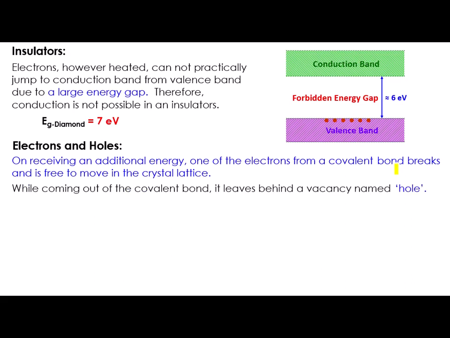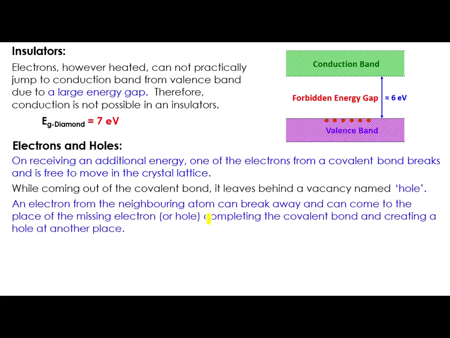While coming out of the covalent bond, an electron leaves behind a vacancy called a hole. An electron from the neighboring atom can break away and come to the place of the missing electron or hole, completing the covalent bond and creating a hole at another place.